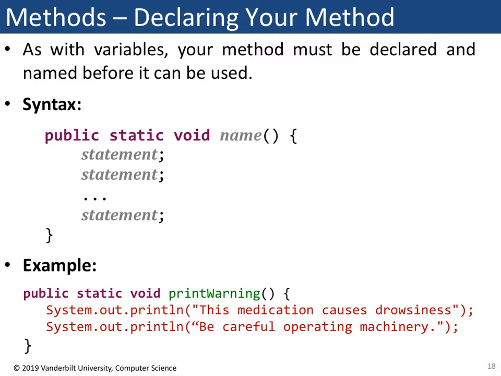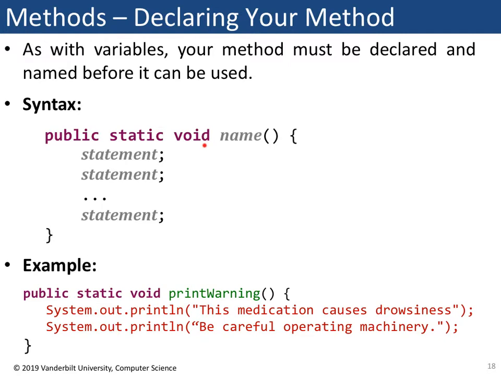So the general structure for declaring a method would be public static void, and then name, and then each of the statements involved. Now, public static is part of the incantation, you might say, to declaring a method.